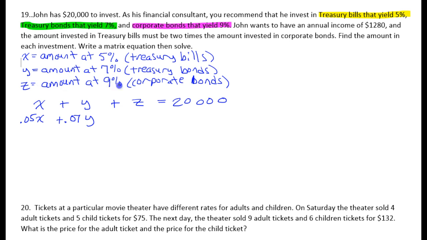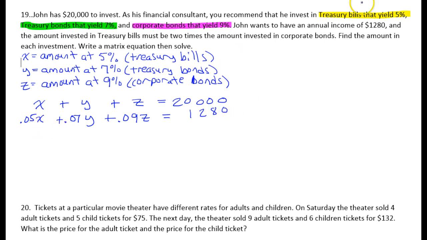And if you invest at 9%, the amount of interest you're going to get is going to be 0.09 times the amount of money in that particular account. So this should all add up to the total amount of interest, and he wants to earn $1,280 a year in interest.